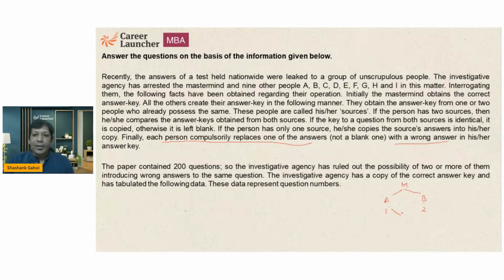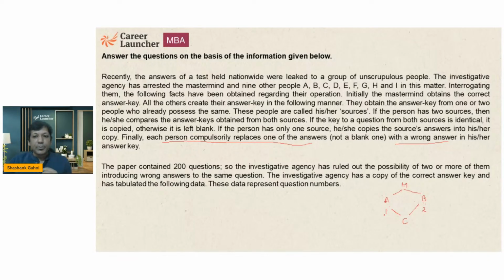Now A and B both are giving their answer key to C. C is getting answer keys from two people. C sees that the answers for question number 1 from A and B are different. Why?